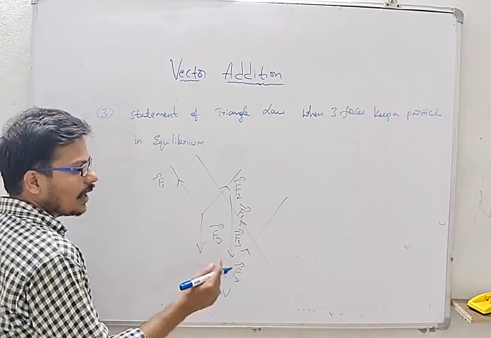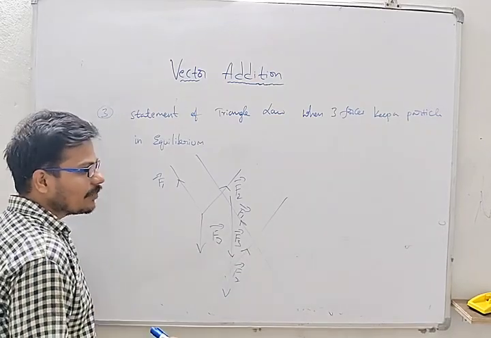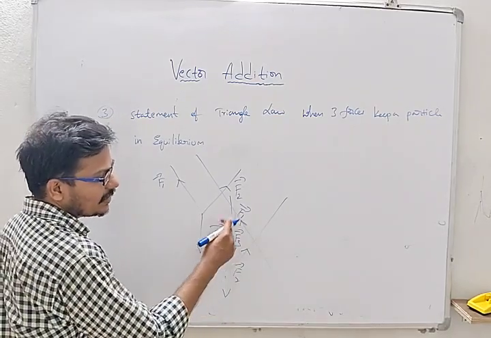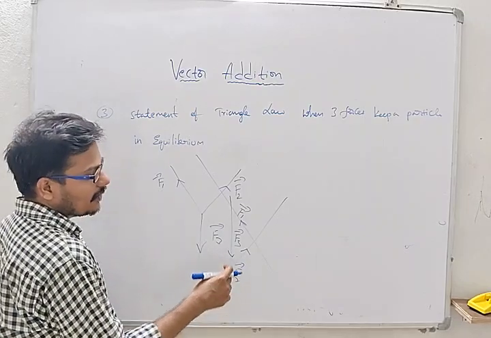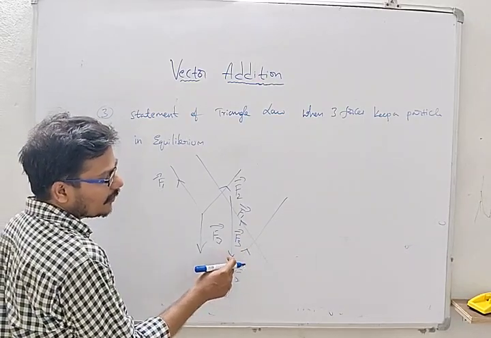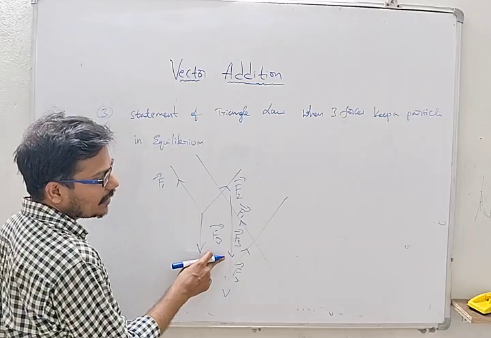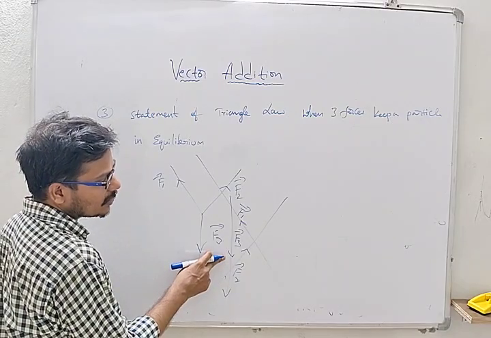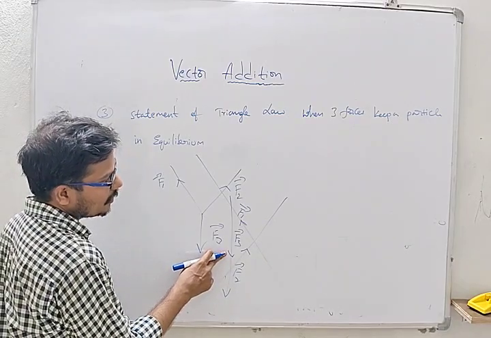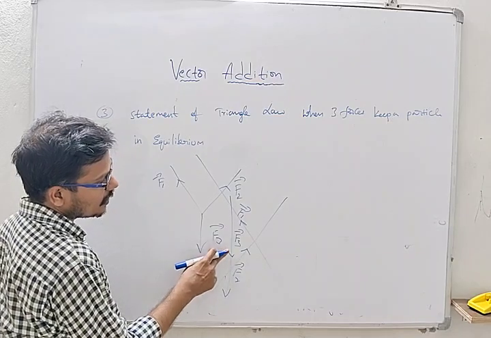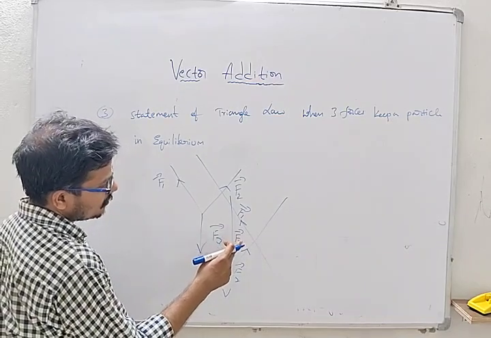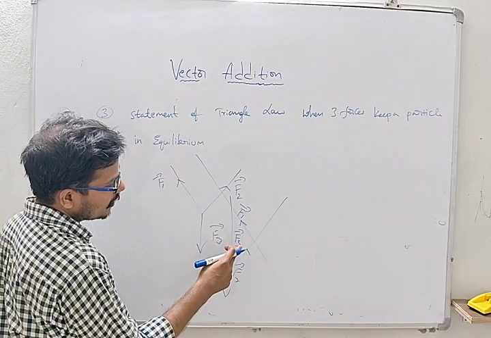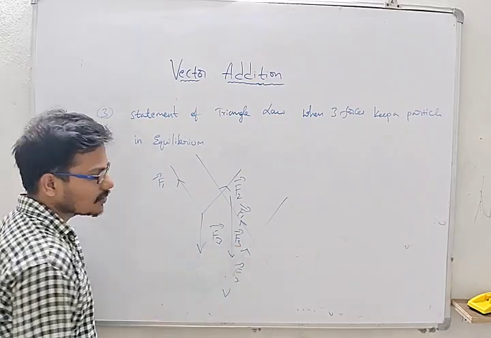I already said in the beginning of the class that when there is a triangle with three vectors, one vector is opposite to the remaining two vectors.